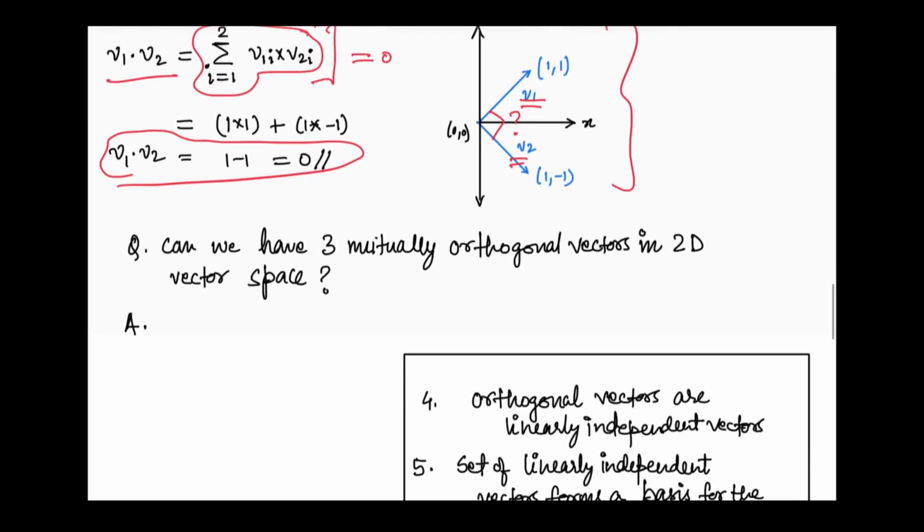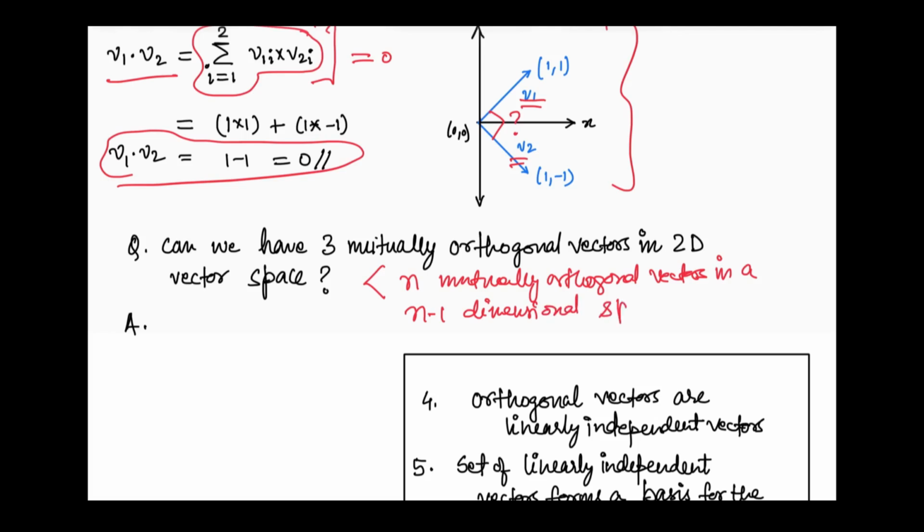Now, can we have three mutually orthogonal vectors in a two-dimensional vector space? So the general question is, can we have n mutually orthogonal vectors in an n minus 1 dimensional space?